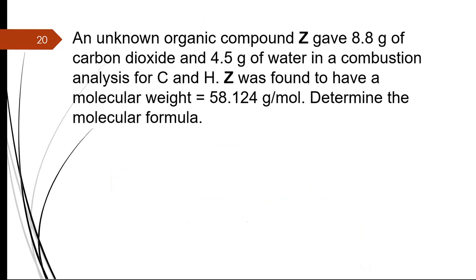As an example, we have an organic compound Z, and it's made up of carbon and hydrogen. We would like to figure out its molecular formula based on this information. So we want to find out how much carbon there was and how much hydrogen there was.